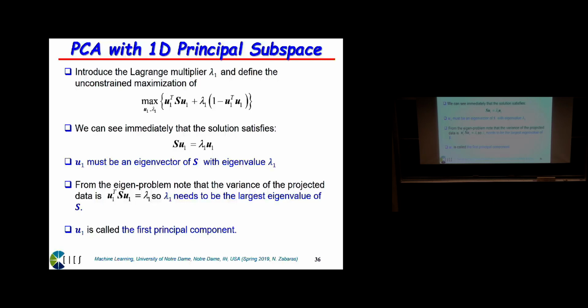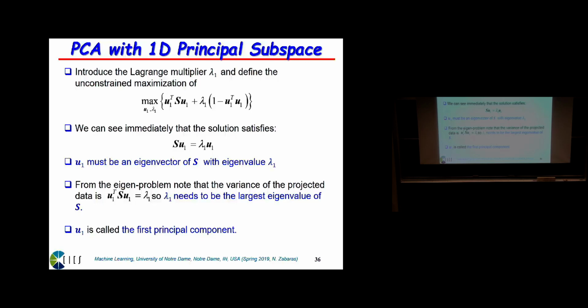So the first principal component where you do the projections is actually an eigenvector of the sample covariance matrix S. Okay? So U1 is called the first principal component. Okay?